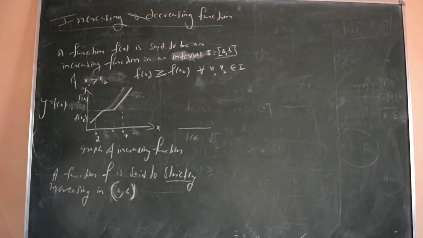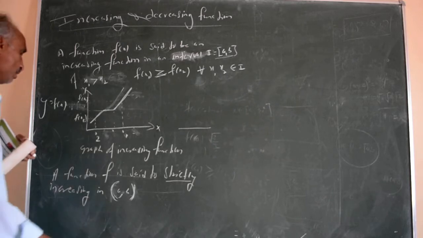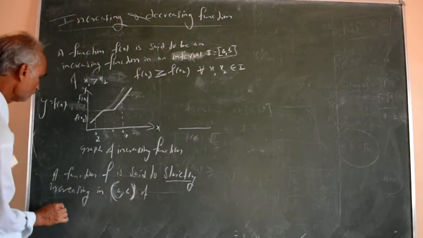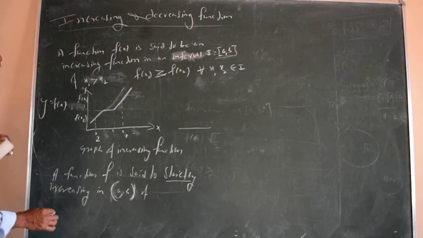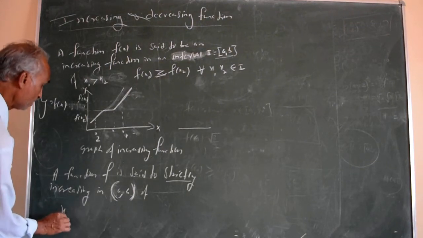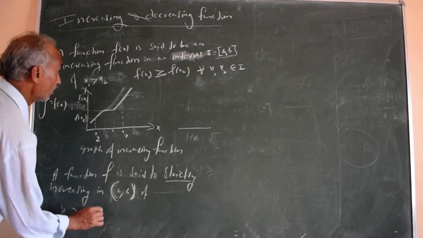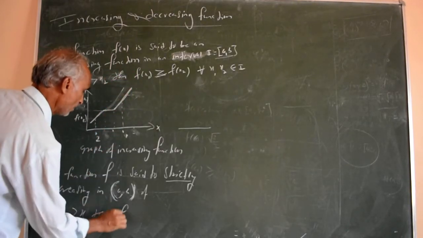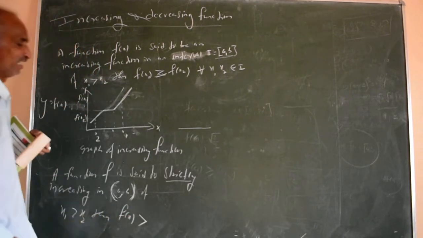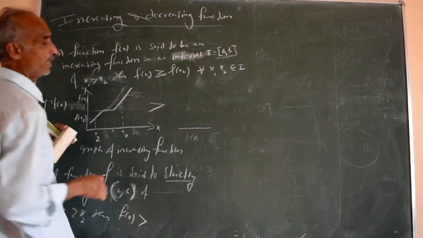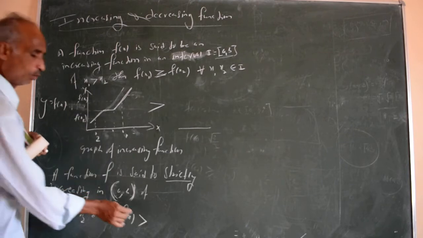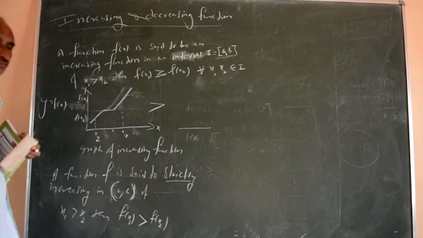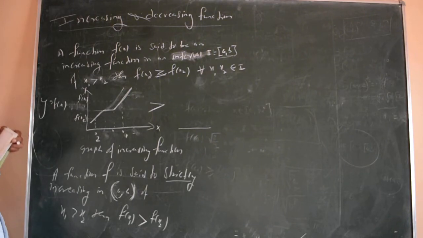In strictly increasing, you have to take the open interval. Increasing in a to b, if x1, x2 belong to it, so if x1 is greater than x2, then f of x1 is strictly greater. So this is the strict inequality. Equals to is not there: f of x1 is greater than f of x2. F of x1 is greater than what?